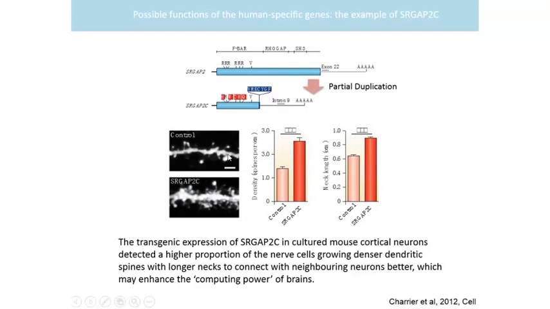After the new gene SRGAP2C was expressed, they observed that the spine had a longer neck, as we show up there, and also that more spines were involved in the brain of the mouse. So this suggests that with the expression of the new gene in the mouse brain, it might help the neurons have a tighter connection. Therefore, they might enhance the computing power of the brain, implicating the importance of the function in the surge of the human brain.